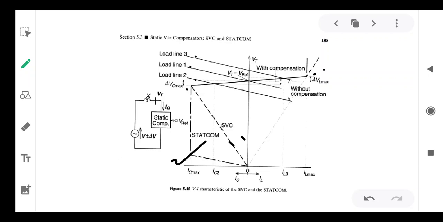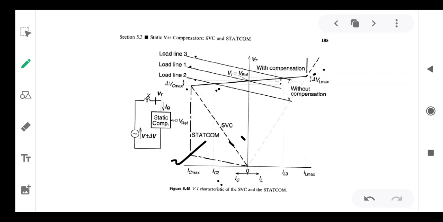crosses the VI characteristics of the compensator at current equal to IC1. So this is IC2. IC2 is the crossing point of load line 2 with the VI characteristics of the SVG.